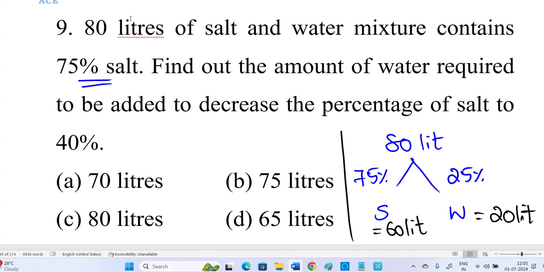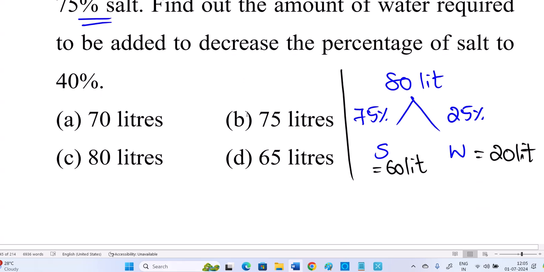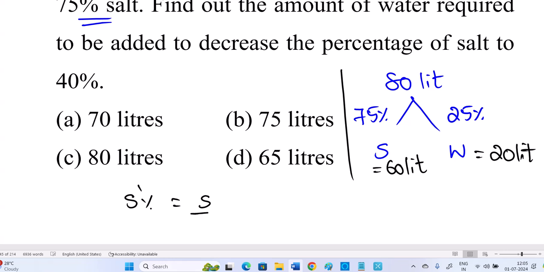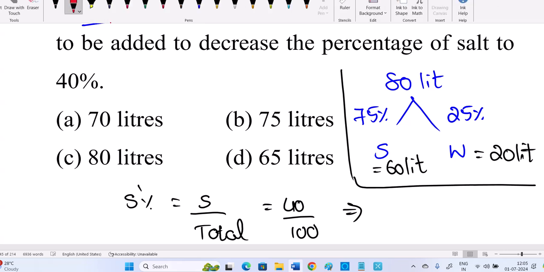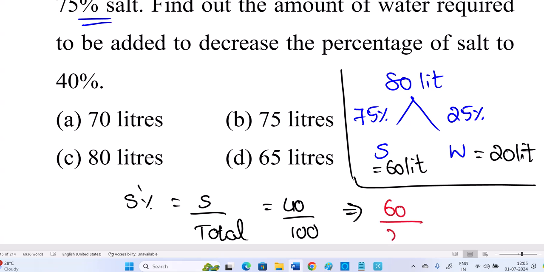In this topic, we will handle it in a different way. Okay, salt 60, water is 20. Now, how much water is added to decrease the percentage of salt to 40%? Salt percentage is nothing but salt out of total, which they gave as 40%, meaning 40 divided by 100. Salt is 60 only. Salt is not added to the total. Water was previously 20, now you added some water A. The denominator should be the total.